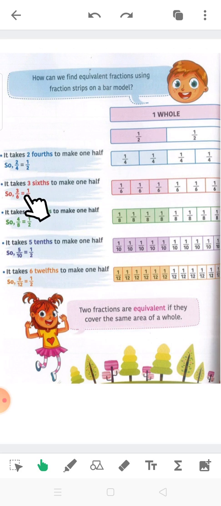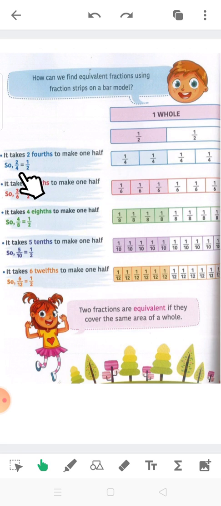Remember, when it's equivalent to half, we divide the bottom by 2. 4 divided by 2 equals 2. 6 divided by 2 equals 3. 8 divided by 2 equals 4. 10 divided by 2 equals 5.